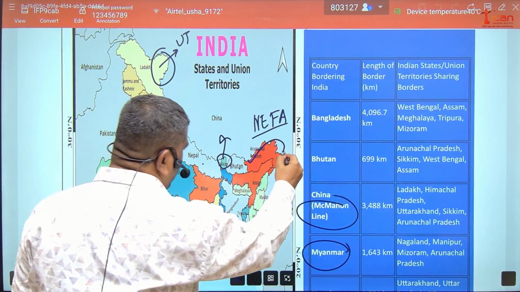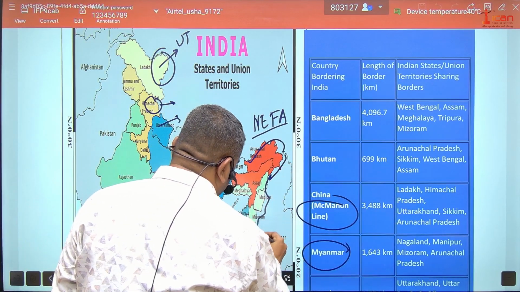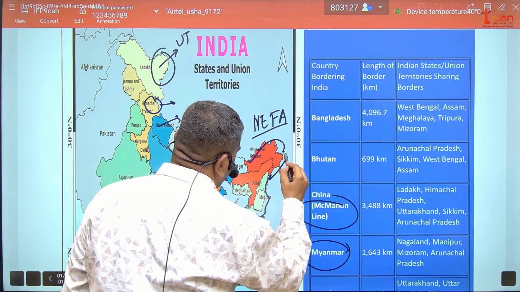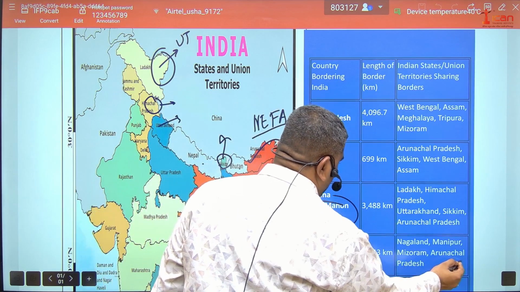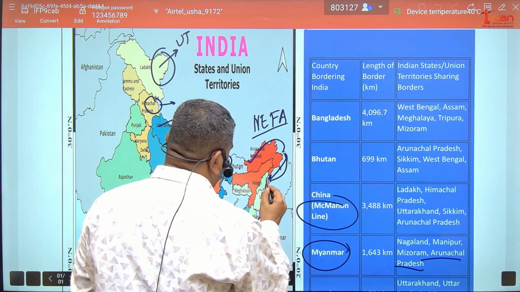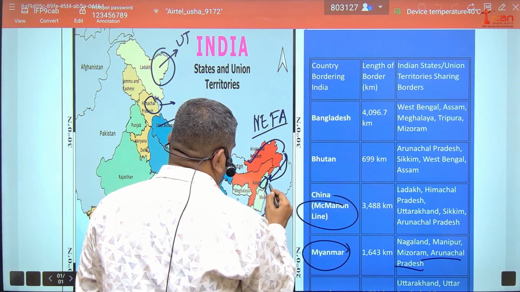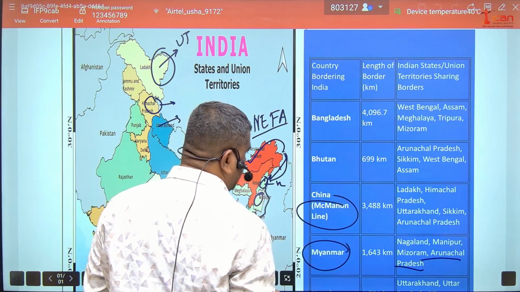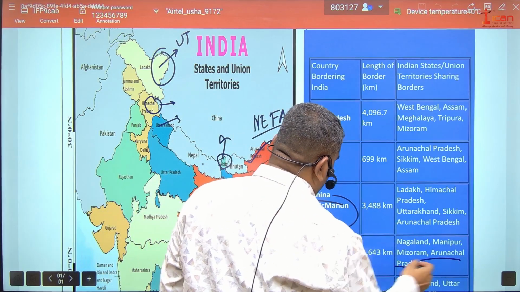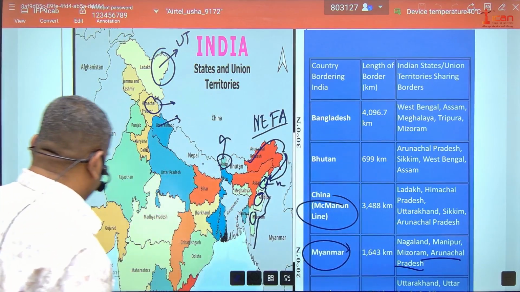Now let us look at Myanmar. So Myanmar is exactly on the eastern side of India, right? So what are the states? The first is Arunachal Pradesh, right? Then we have Mizoram, Nagaland, Manipur. So 1, 2, 3, 4. There are 4 states: Nagaland, Manipur, Mizoram, Arunachal Pradesh. These are the states.